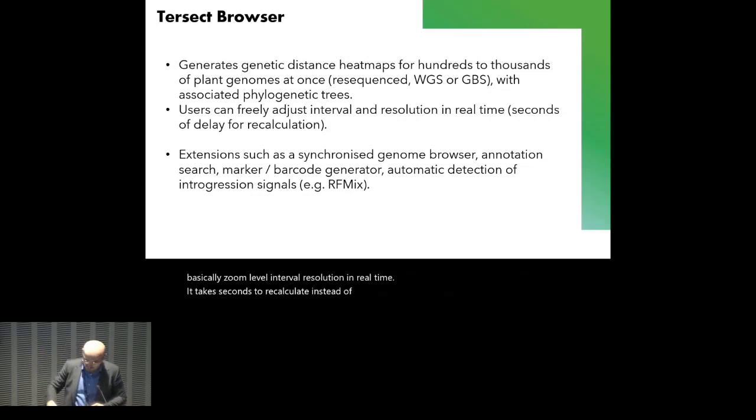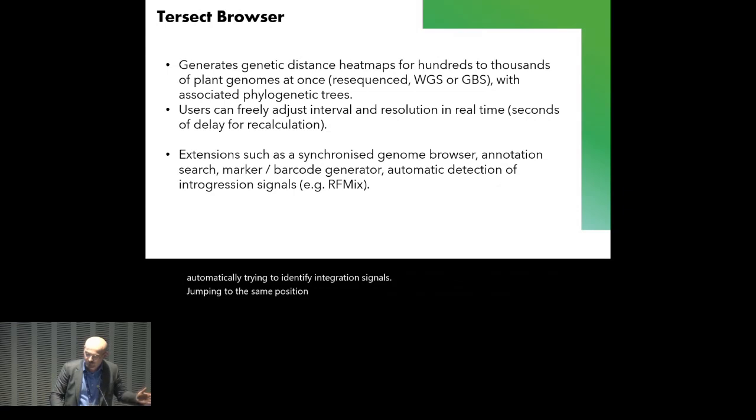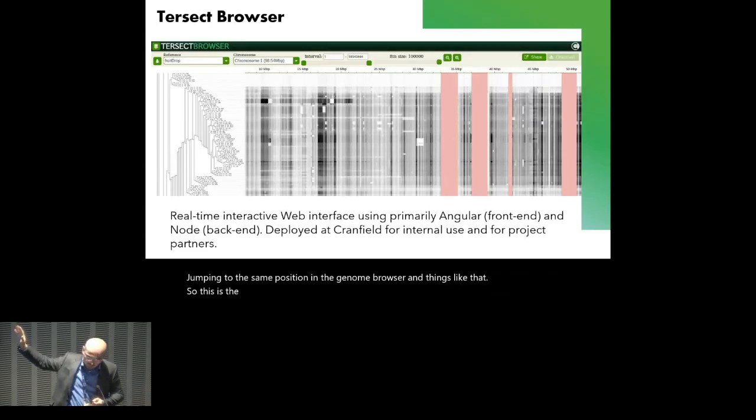There are some extensions as well. If I have time, which I probably won't, I will go into those. But basically, this is all about automatically trying to identify introgression signals, jumping to the same position in the genome browser and things like that. So this is the interface of what this looks like. There is an Angular-based interface.